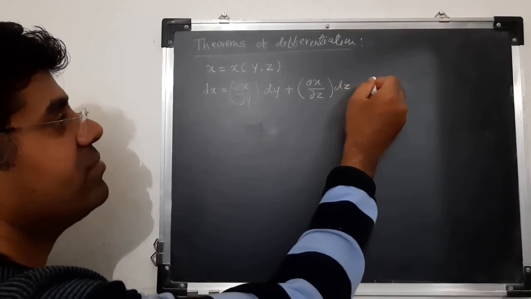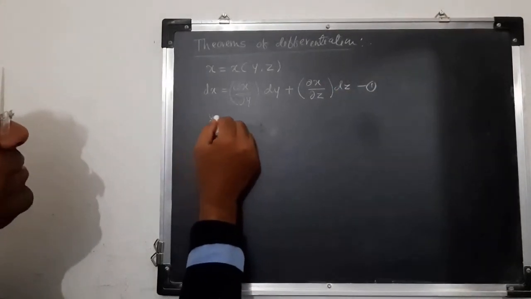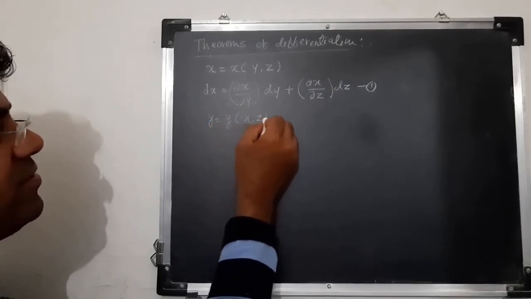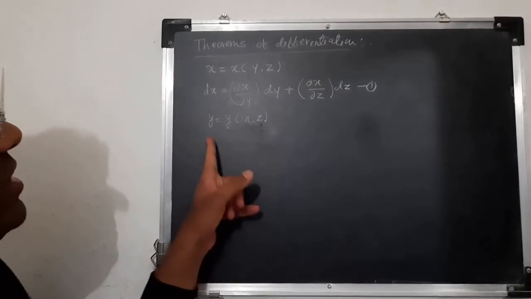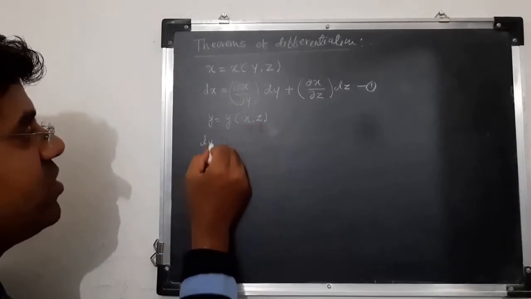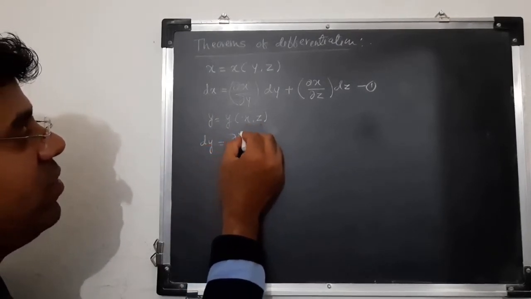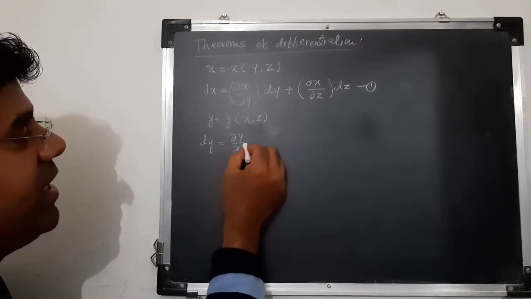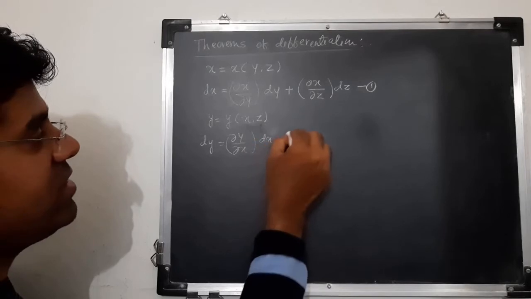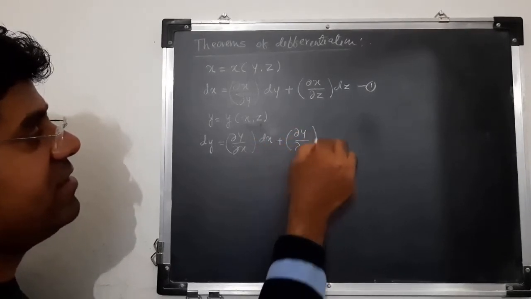This is one. Now second, suppose y is a function of x and z. So we can write the total differentiation dy, which is nothing but delta y by delta x into dx plus delta y by delta z into dz.